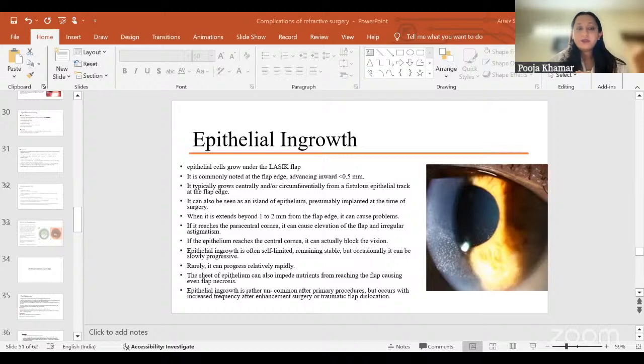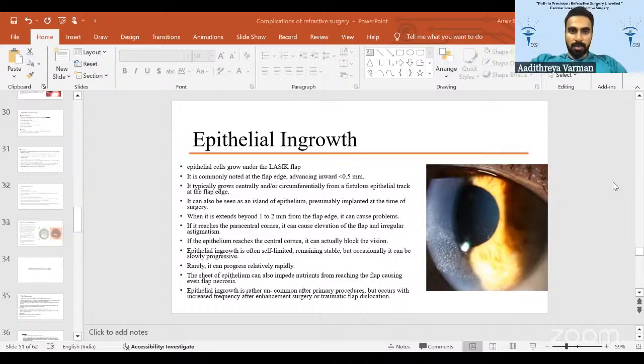When you're trying to work around complications, you don't know the outcomes. So don't be shy to refer it to a colleague or a senior whom you know can take care of it, and you yourself can be present there for managing the case, so you'll learn. So I think that's the key in refractive surgery complications. Absolutely, ma'am. Well said.